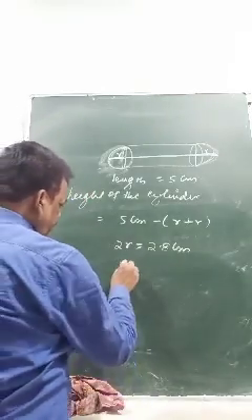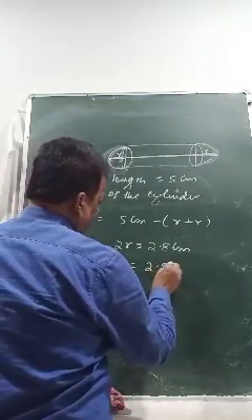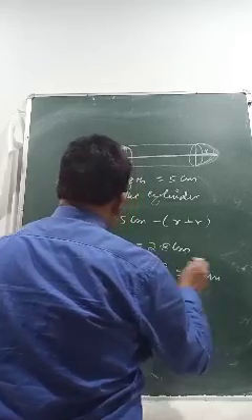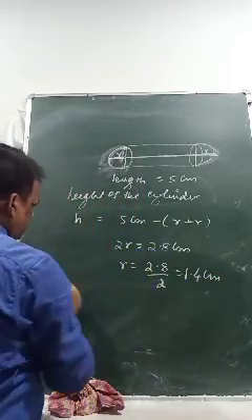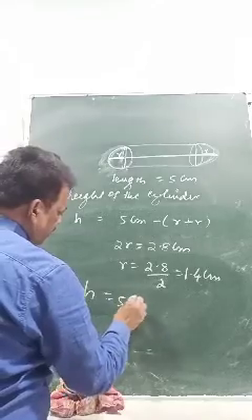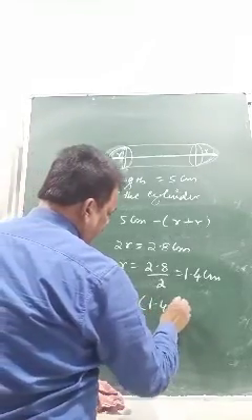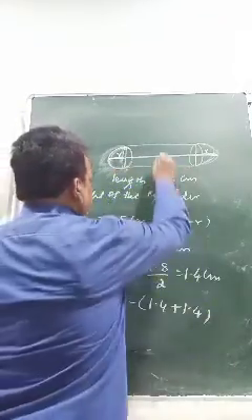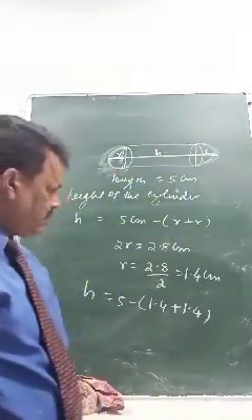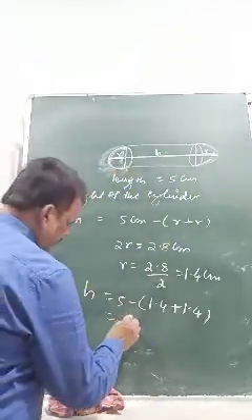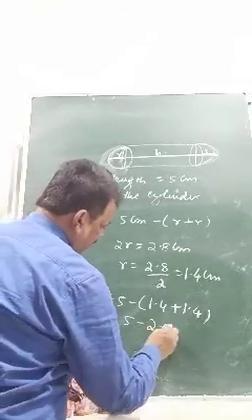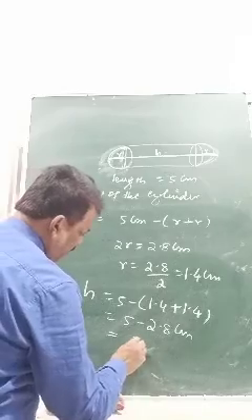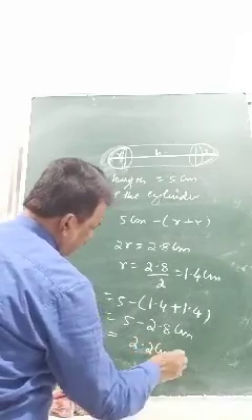R equals 2.8 by 2, 1.4 centimeter. So height H, 5 minus 1.4 plus 1.4. This height H will be 5 minus 2.8 centimeter, that will be 2.2 centimeter.